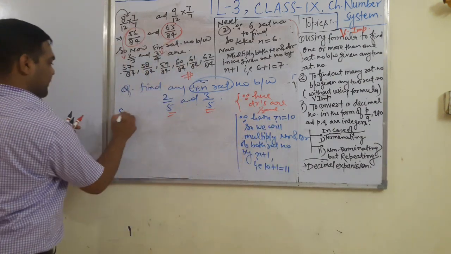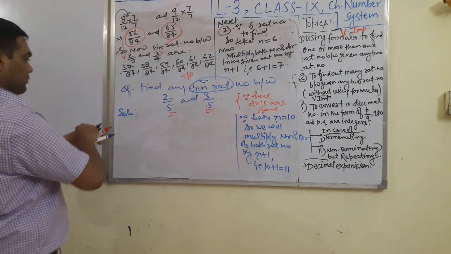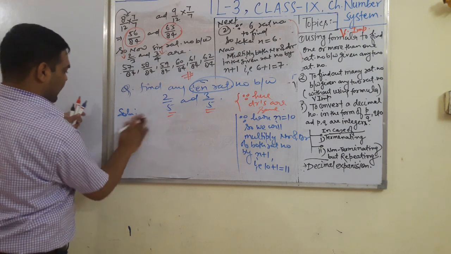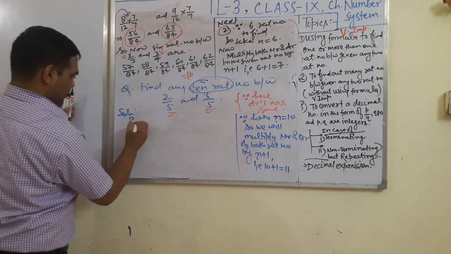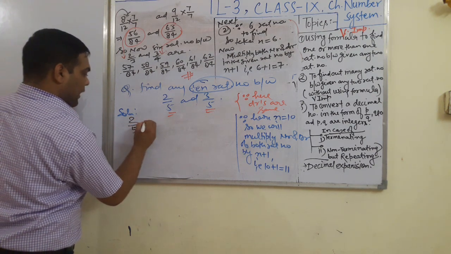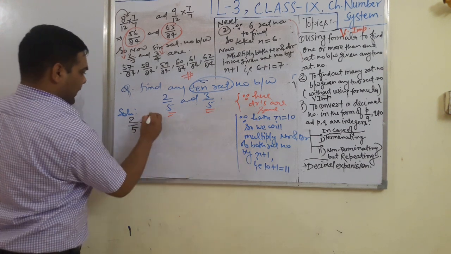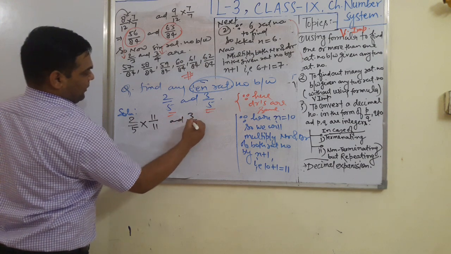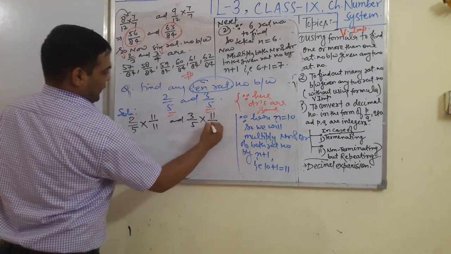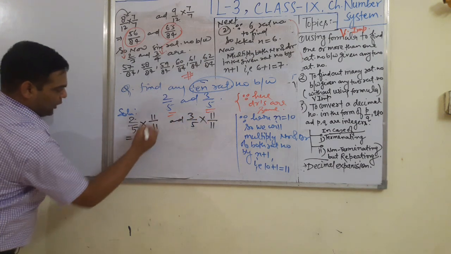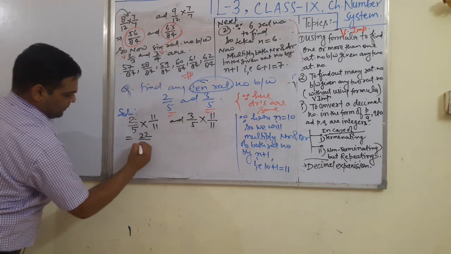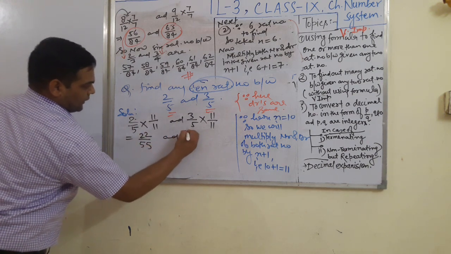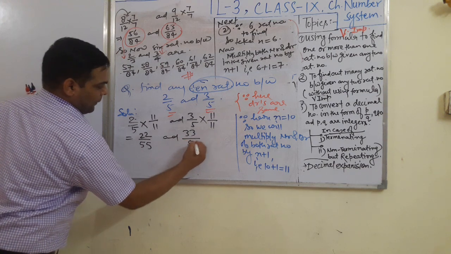See it easily. Solution here, students: you can get 2 by 5 multiplied by 11 in numerator and denominator, and the same for 3 by 5. What will you get, students? You will get 2 elevens are 22, this is 55, and here 33 upon 55.